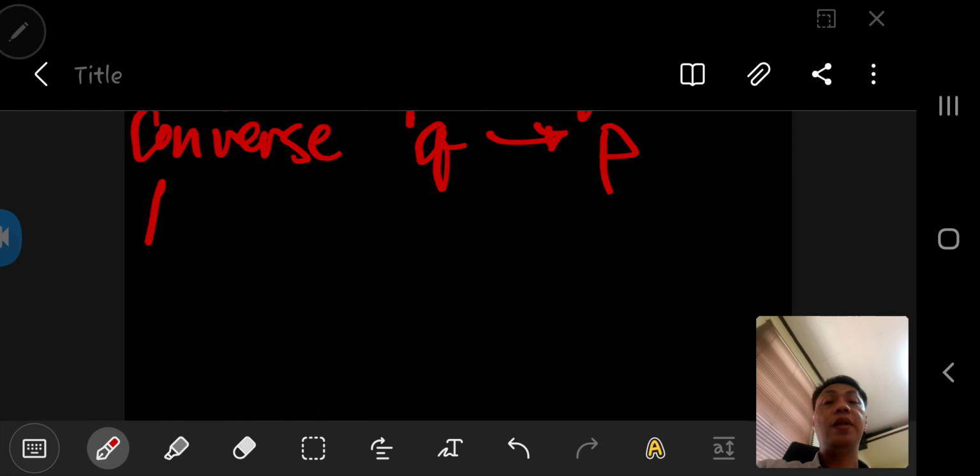What about the inverse? We said that the inverse is the negation of the conditional statement.